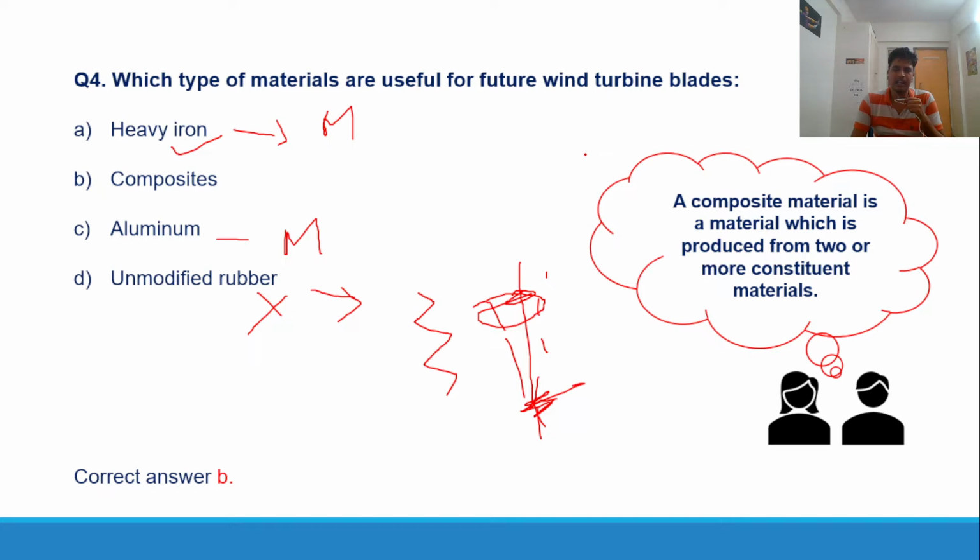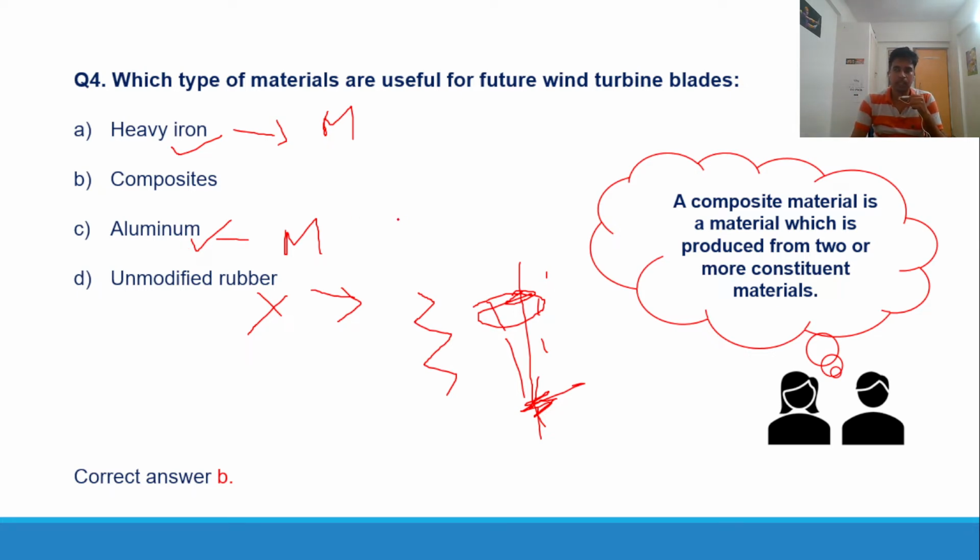So which type of material are useful for future wind turbines? Generally we were using aluminum blades, aluminum composite blades. Earlier aluminum was used, because aluminum has a high specific strength compared to its weight, it has very good strength. Stainless steel was also used, because stainless steel is resistant to corrosion, with very high specific strength also.